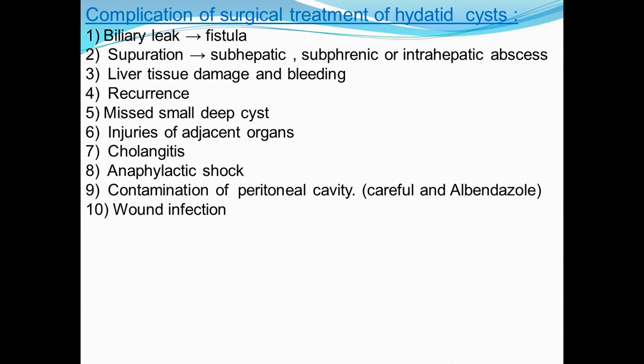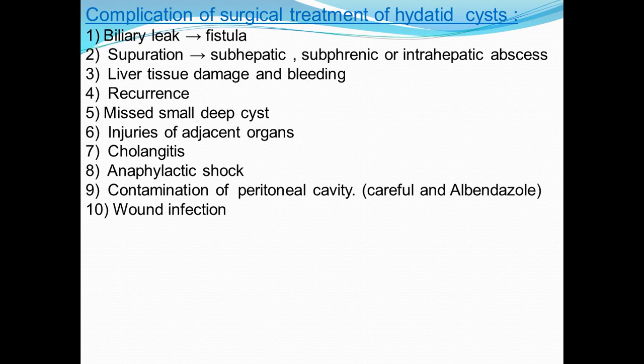Complications of surgical treatment of hydatid cyst: 1. Biliary leak, leading to what we call biliary fistula. 2. Suppuration, and this would be either subhepatic, subphrenic, or intrahepatic abscess. 3. Liver tissue damage and bleeding. 4. Recurrence. 5. Missed small deep cyst. 6. Injuries of adjacent organs. 7.